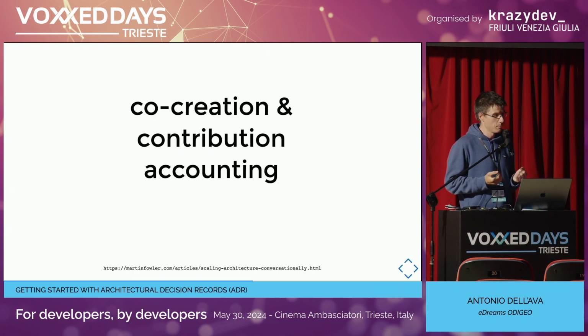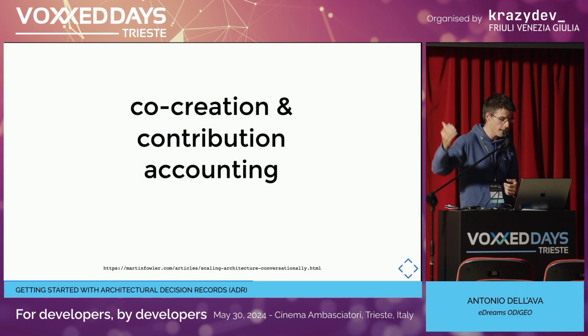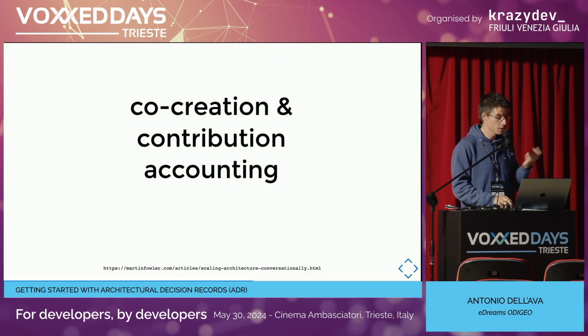Martin Fowler says, and I agree with him, that ADRs can leverage a more distributed accountability over architectural decisions. So there is an opportunity to co-create architectural decisions because we have GitHub and these ADRs, you can contribute, and also the good side effect is contribution accounting. So if you commit a part of the decision, we can see you did that, and so your contribution is transparent, it's clear, and everything is tracked.